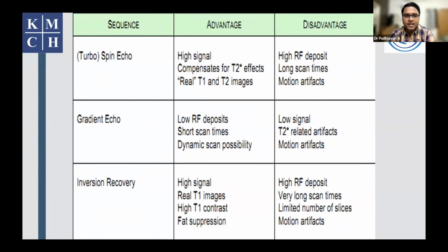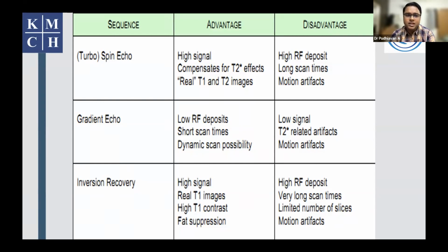Whereas in gradient echo sequence, since we use only one RF pulse with a particular flip angle, the RF deposition is low, and since we use a gradient reversal instead of a 180-degree pulse, the scan times are also much shorter. Gradient echo sequences really open up the possibility of doing dynamic imaging. We will see the basic sequences used for cardiac MR, and we will see that all the cine sequences or the white blood sequences that we use are basically gradient echo sequences because they are much faster.